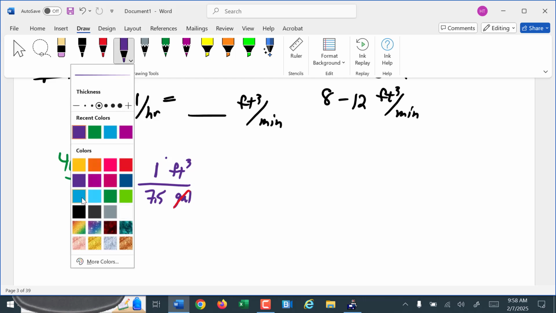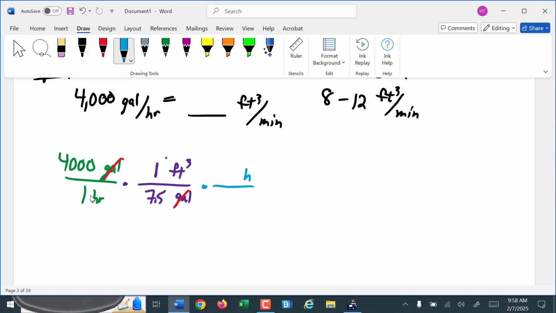And then, of course, we have to change from the hours to the minutes. Hours are on the bottom, so we put them on top. 1 hour is 60 minutes. So the hours cancel out. On top here, we have 4,000 times 1 cubic foot.